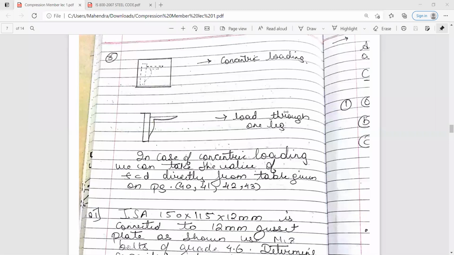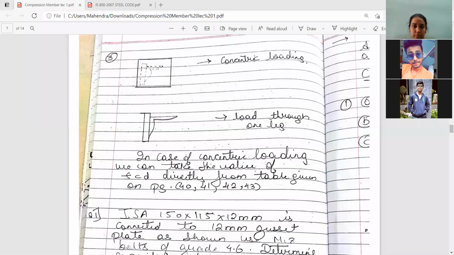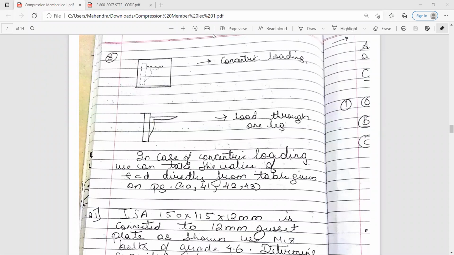Yes, ma'am, done. Anis, had you completed up till here? Should we start with the sums? Josh? Okay. Yes, ma'am. Done. Okay, fine. So we'll start with the sums.